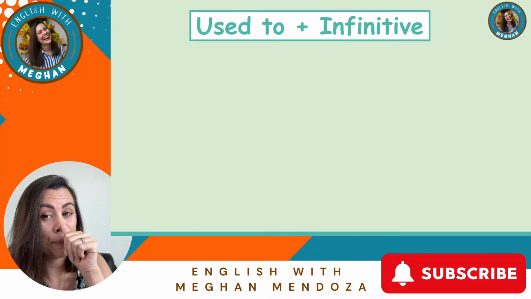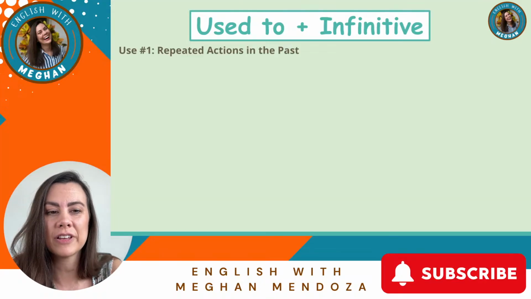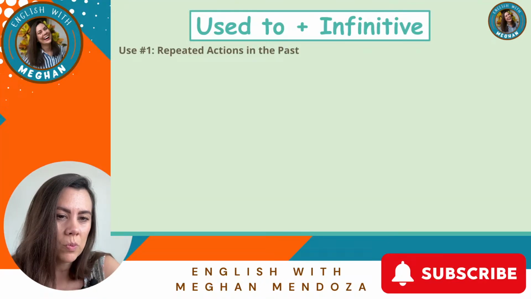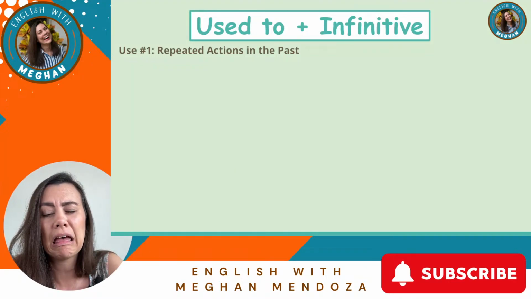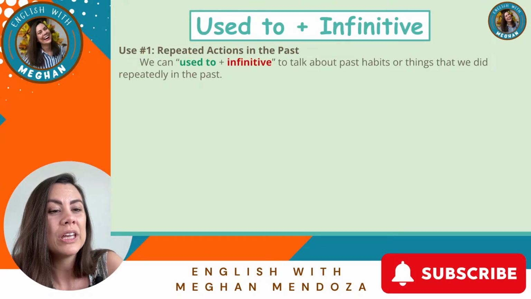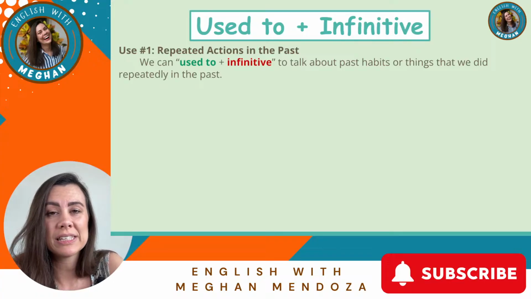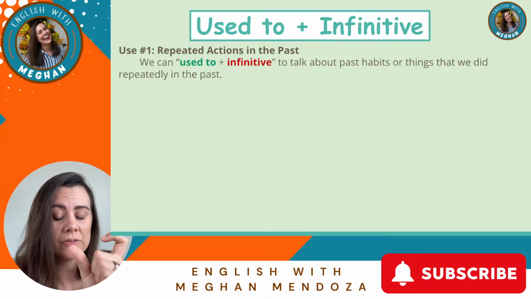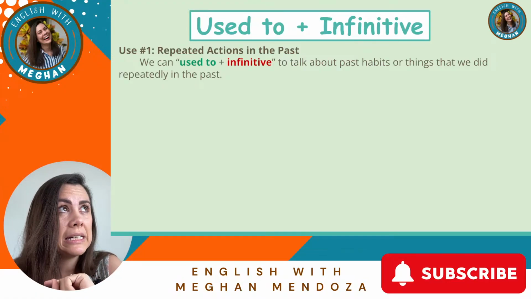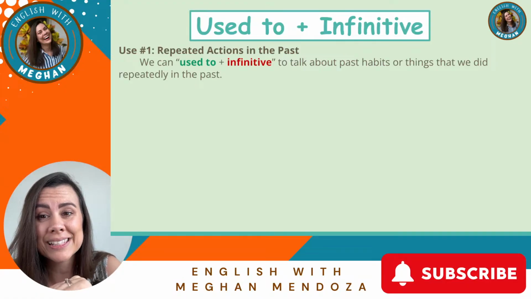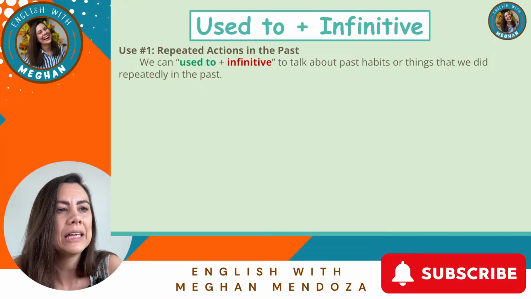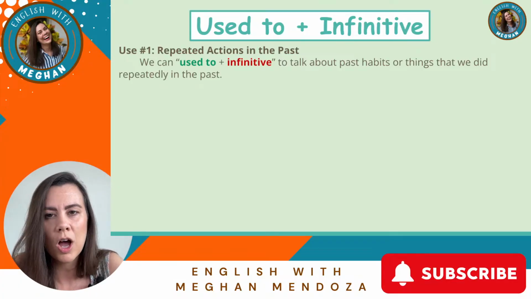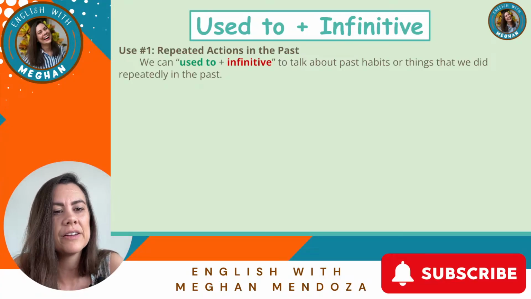First, let's talk about used to and the infinitive. So use number one is when there are repeated actions in the past. Well, we can use used to plus the infinitive. Infinitive, remember, it's the original base verb. There's no ed, no ing, no s, none of that stuff, just the original verb: run, eat, go, jump, wash, swim, all of that stuff.